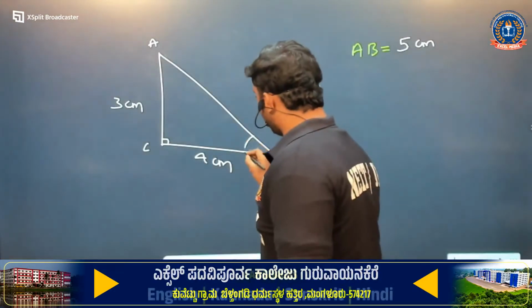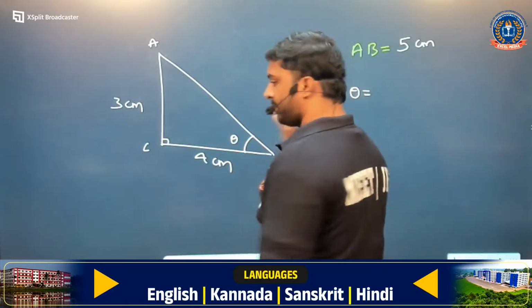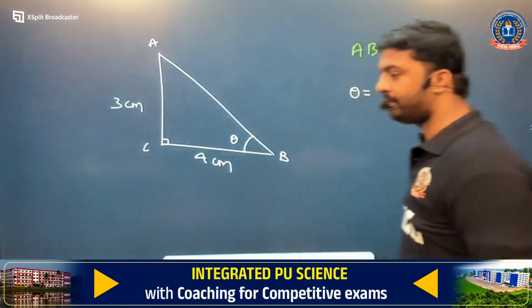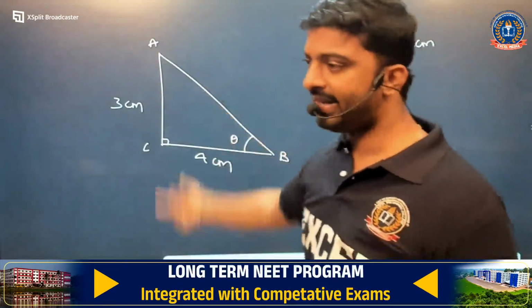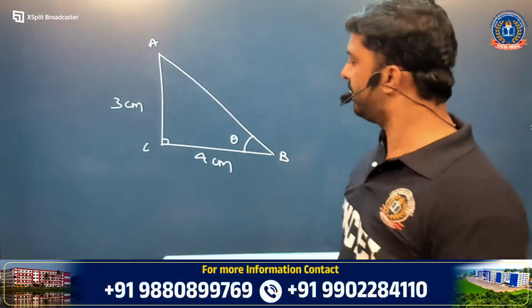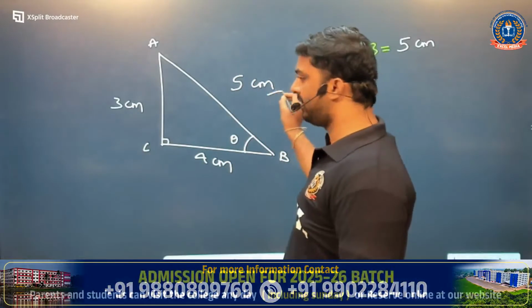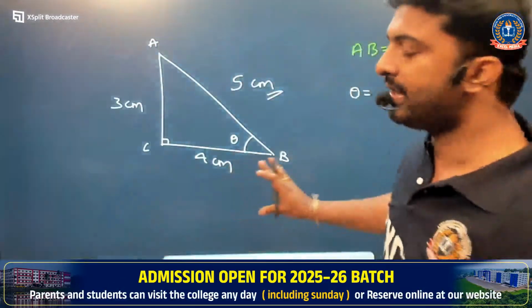What is the angle here? I have told you to remember this triangle. This is known as a triplet, the 3, 4 and 5 centimeter. This is known as the trigonometric triplet. You have to remember the result, okay?